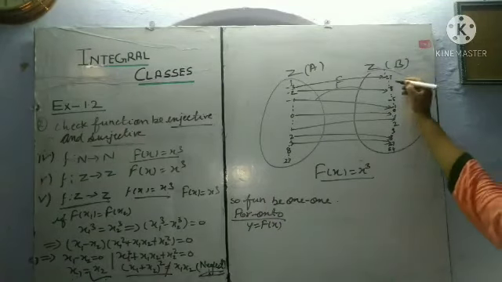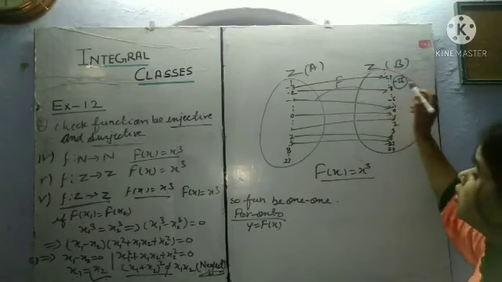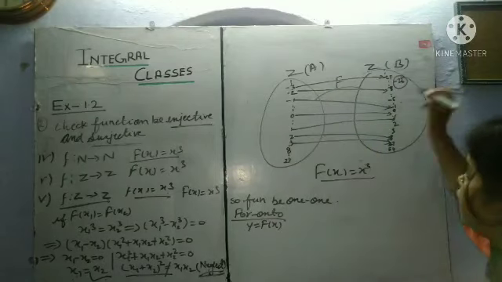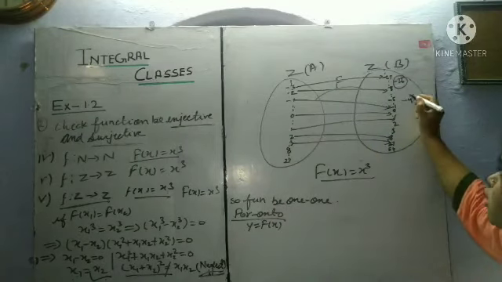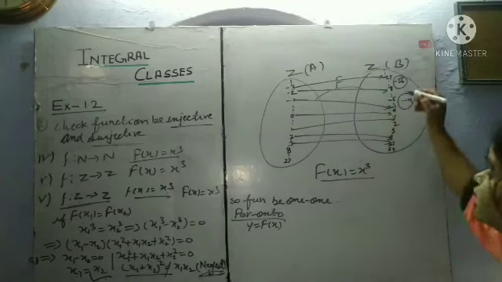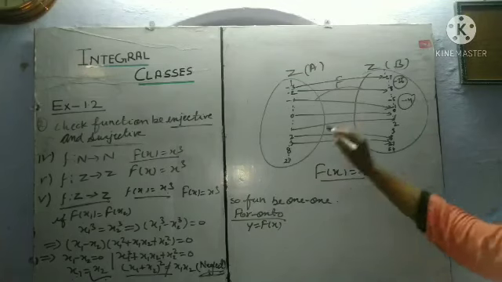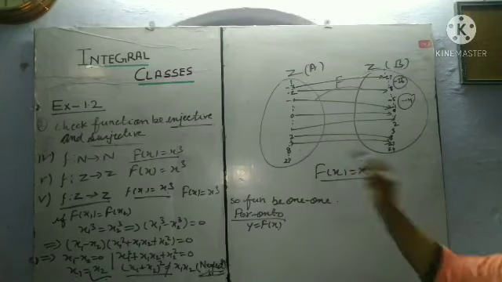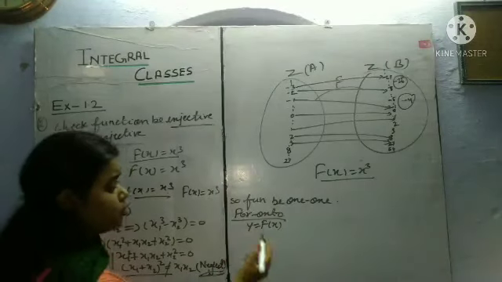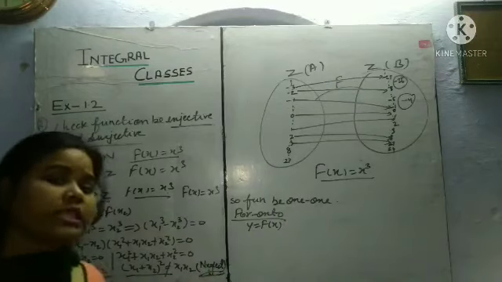Suppose here is -26, and -26 does not have any pre-image in set A. Here is also -4, and -4 does not have any pre-image in set A. This kind of many numbers are left which don't have any pre-image in set A. So it is not onto, it is into. If it is not onto, it means it is into.